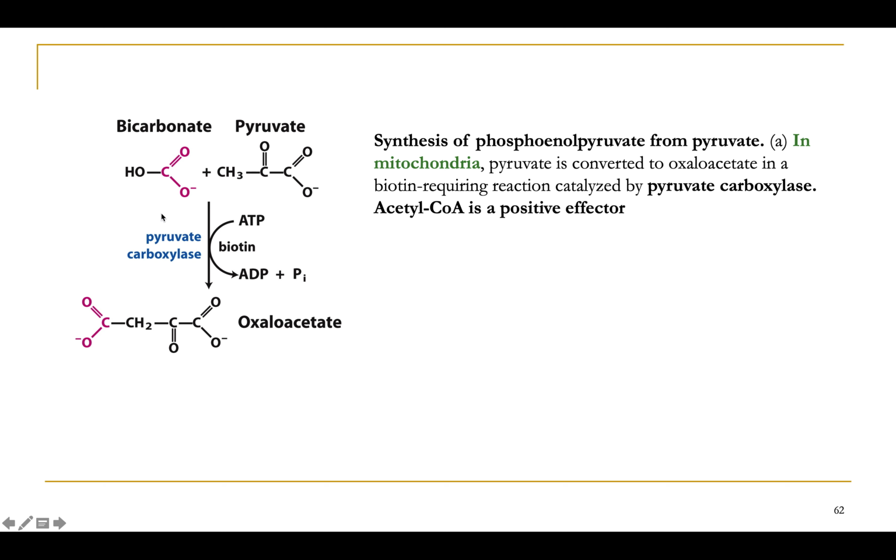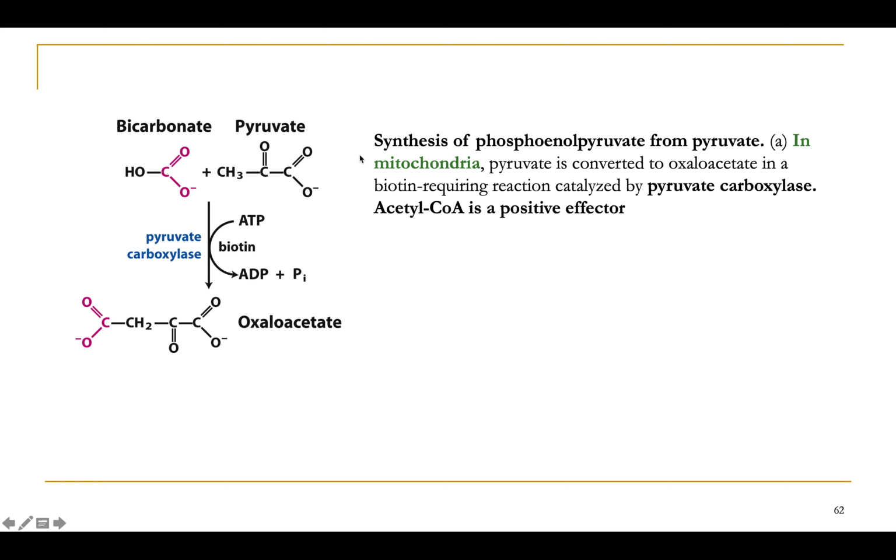And this is done by an enzyme called pyruvate carboxylase, which uses energy of ATP and cofactor called biotin to covalently attach activated bicarbonate anion to the third carbon of pyruvate.